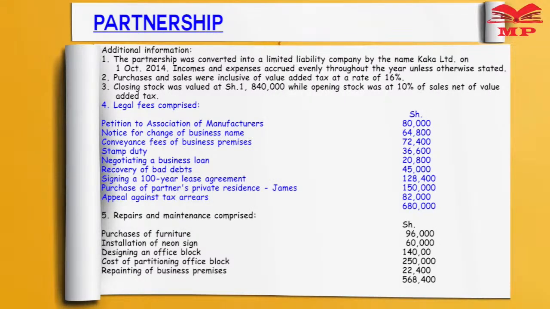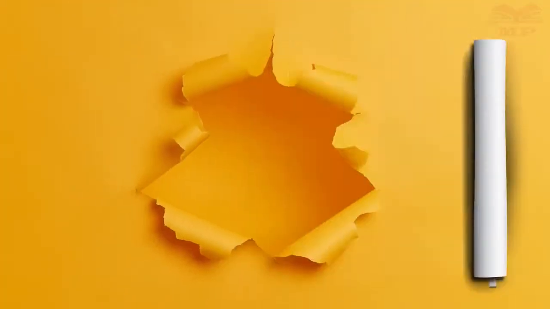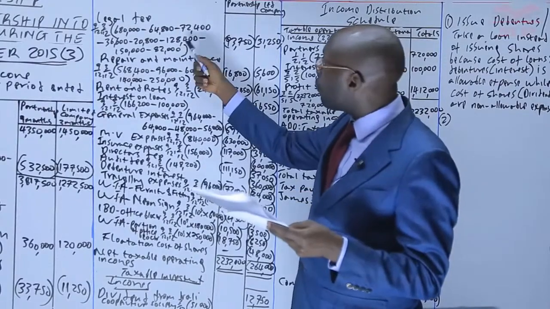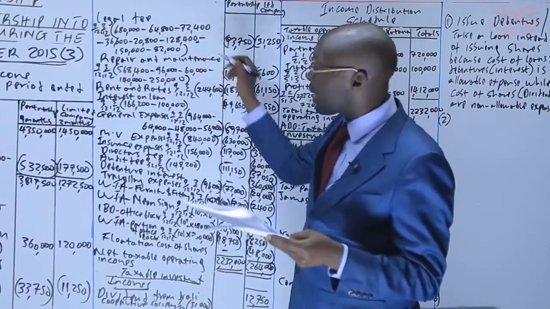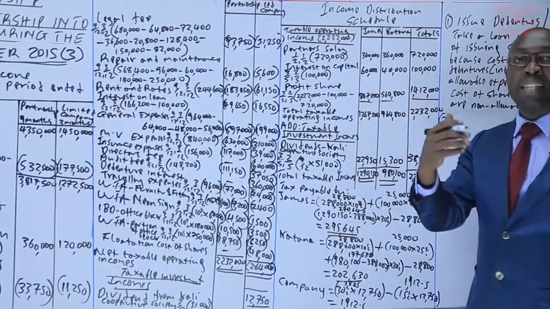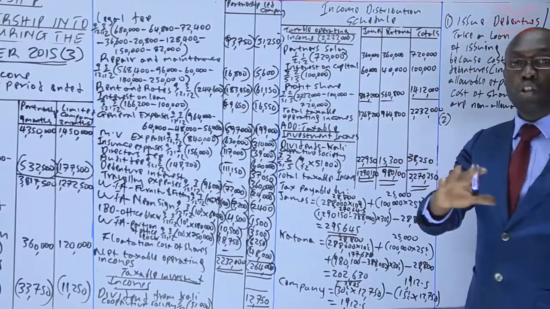Two, we saw in additional information number 4, there is signing of a 100-year lease agreement. And we said the legal costs of signing a 100-year lease agreement, 128,400, we treated as non-allowable, because we say that a lease up to 99 years is the one that is allowable. Above 99, we don't allow.